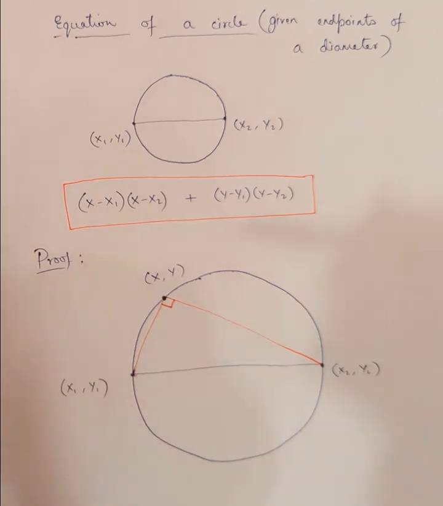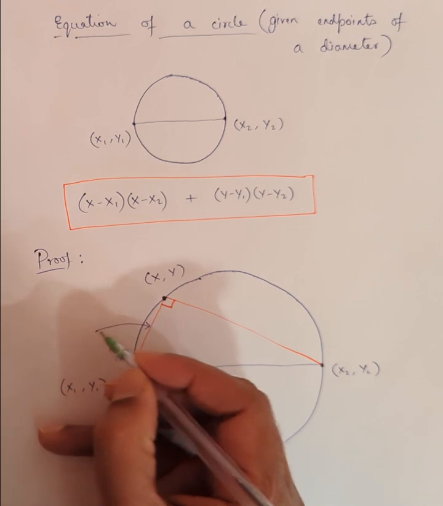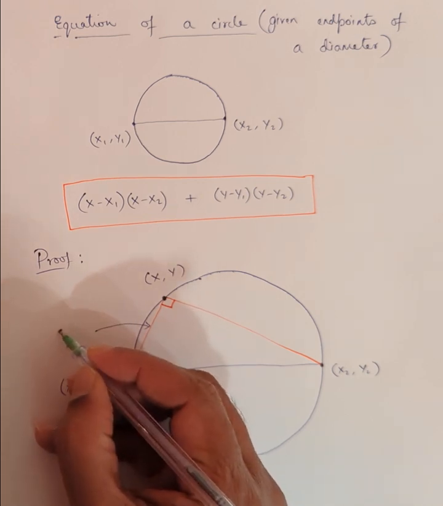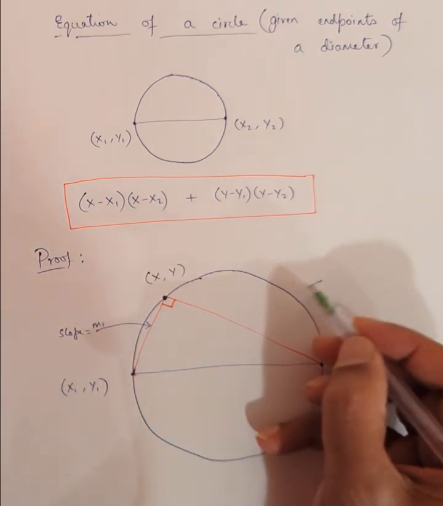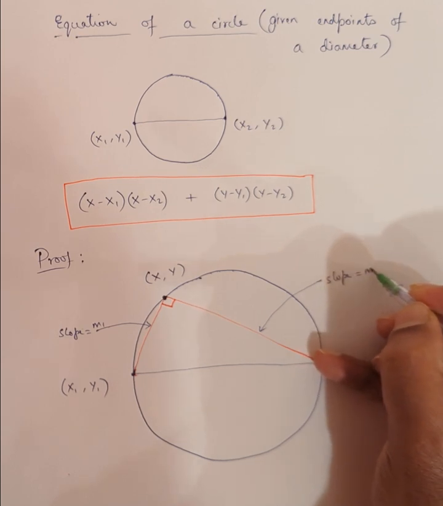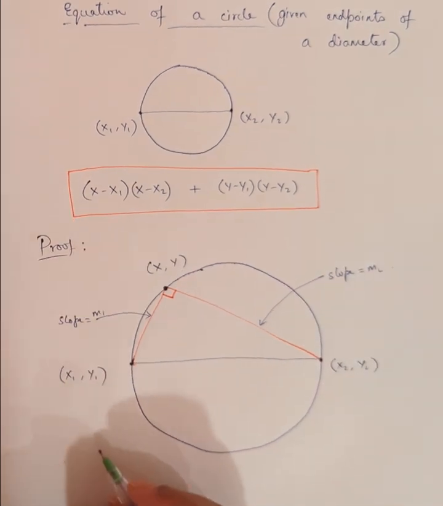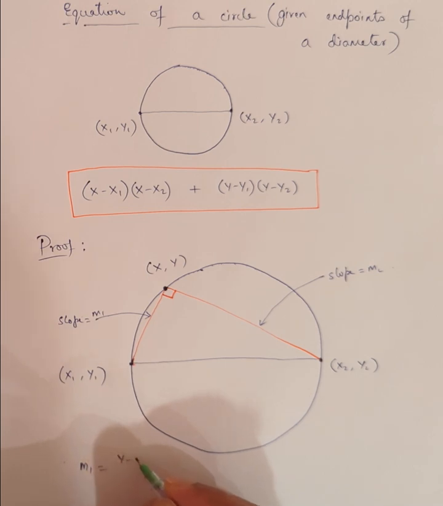So notice the slope of this line, let's say this is m1 and say the slope of this line is m2. Then here is what you get. m1 is y minus y1, that's the difference in y's, over x minus x1, the corresponding difference in x's.